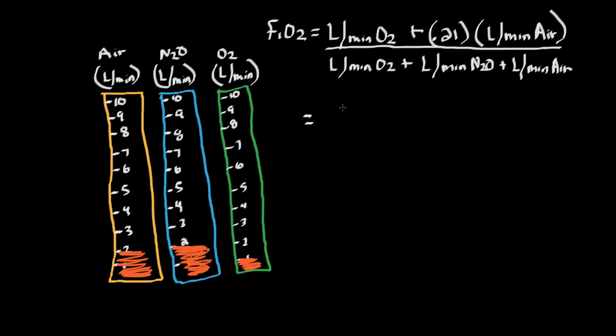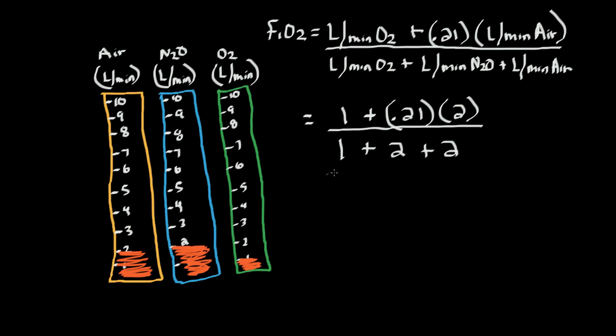Okay, let's do the math. So 1 plus 0.21 times the 2 liters per minute of air, all divided by the sum. So 1 plus 2 plus 2. So this would be 0.21 times 2 is 0.42.